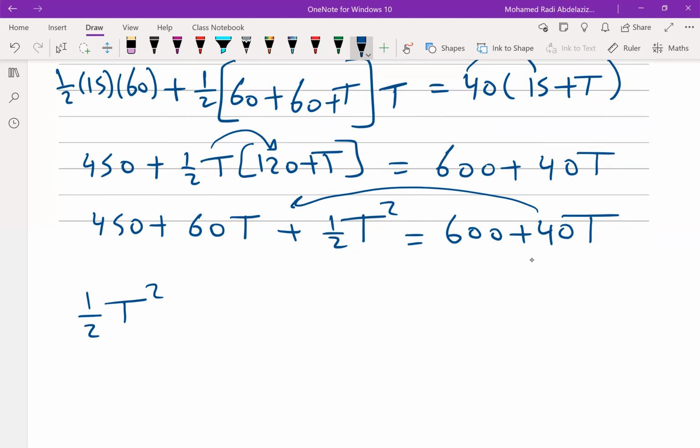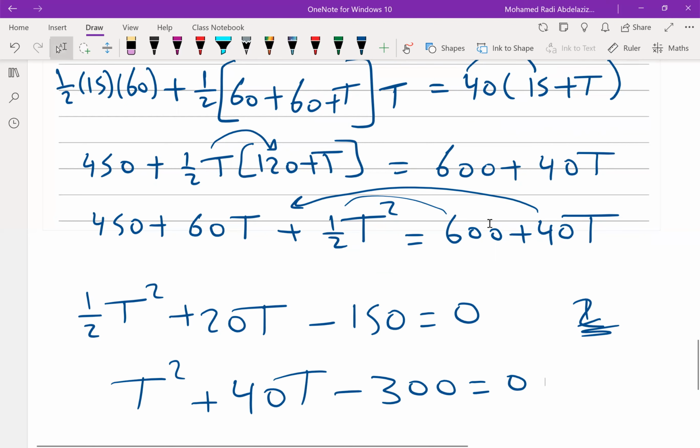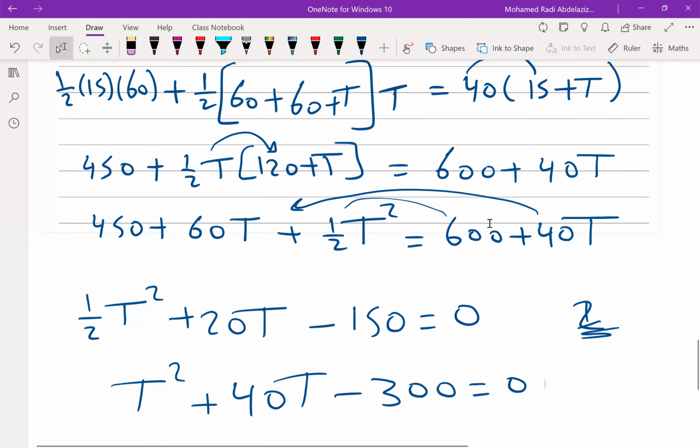When you move 40t and 60t it will be 20t. 450 minus 600 will be minus 150 is equal to 0. Multiply by 2 to remove the half, to be t squared, plus 40t, minus 300 is equal to 0. You can use this equation to solve and get the time t.